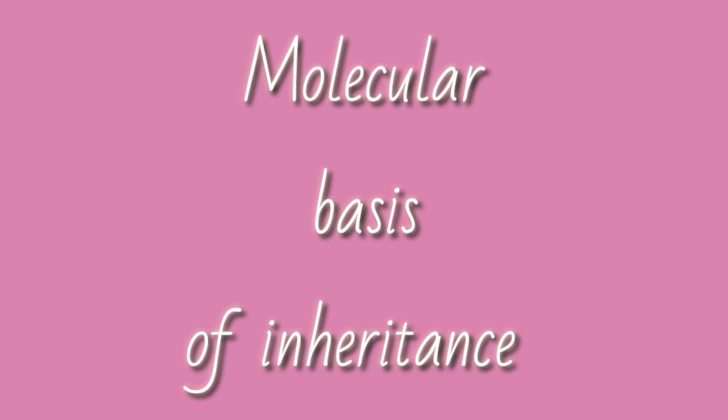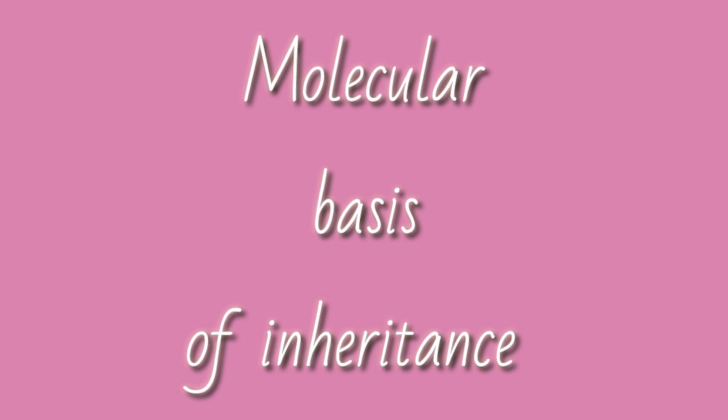Now a very important question here: why did they use only phosphorus and sulfur? Can you guess? Yes. The DNA contains phosphorus, therefore they used radioactive phosphorus, and the protein contains sulfur, therefore they used sulfur.